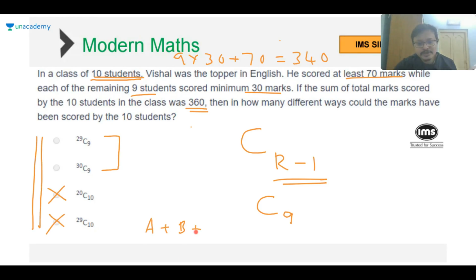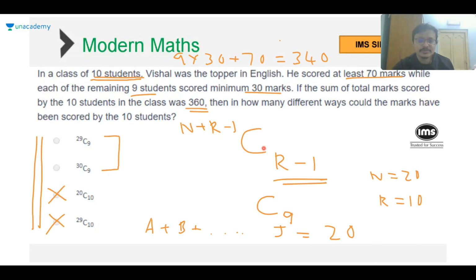So I have 10 students to play with, A to J, and I have additional 20 marks to distribute among these 10 students. So what is the formula? N plus R minus 1 C R minus 1. Here N is equal to 20, R is equal to 10.